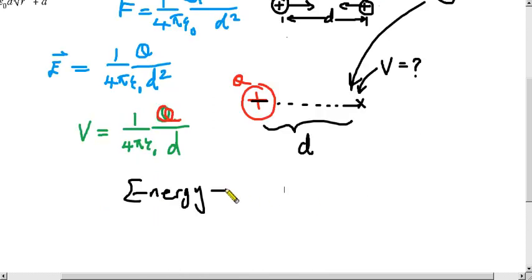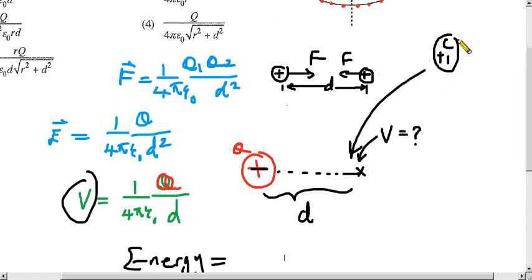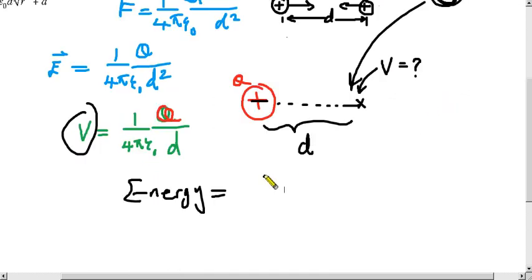So that energy is called potential. For 1 coulomb, which must be positive, for a positive unit charge, the energy we have to spend is called potential at a point.